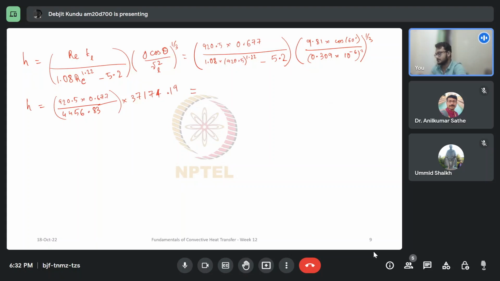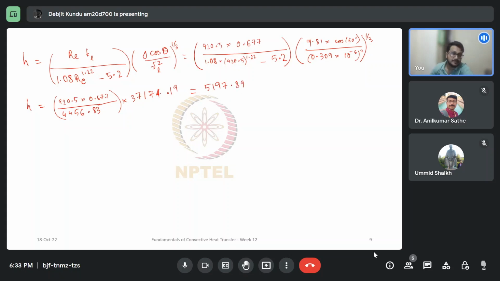So this multiplied by 920.5 into 0.677 divided by 4456.83. Okay, so this gives us an H of around 5197.89.